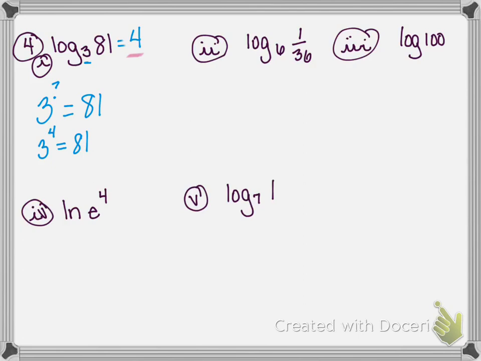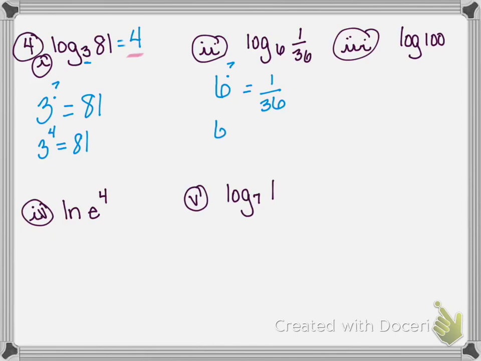Okay? Now for our next one, we are asking ourselves, 6 raised to what power gives me 1 over 36? Because we're looking at a fraction, we need to think about 6 to what power gives us 36.